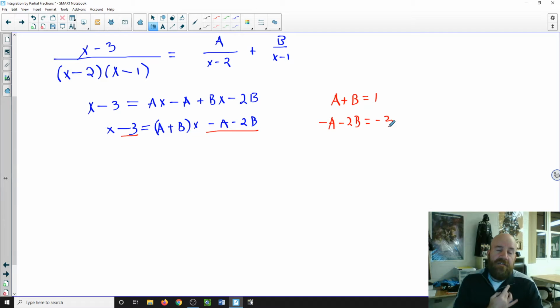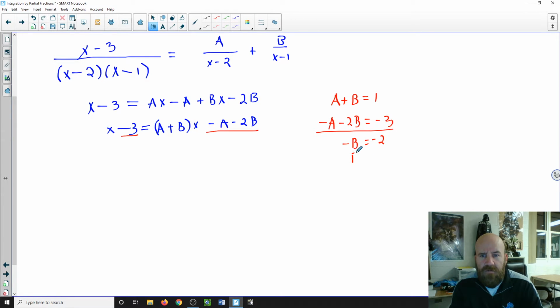So now we've created a system of equations, so two variables and two equations. We can go ahead and substitute or eliminate. I'm just going to go ahead and add these two equations because we can eliminate the a value if we do that. So we're adding, so let's 0. We get a negative b and a negative 2.